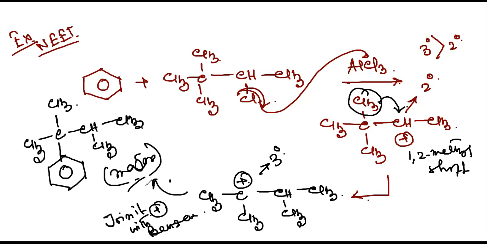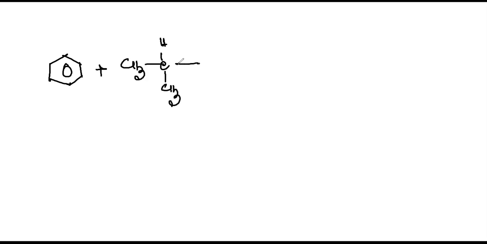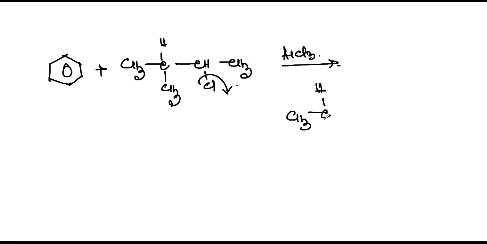I'm giving you another classical example here. You can give here AlCl3. Just remove this chlorine atom, hydrogen, here CH3, here CH plus charge, here CH3. You should always remember this one is secondary.